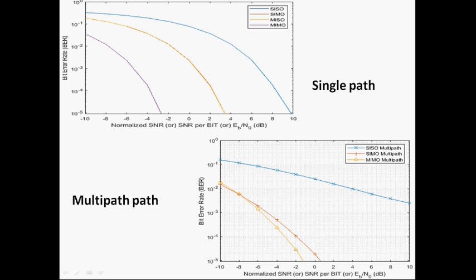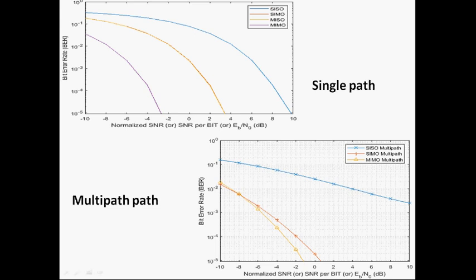Now whenever you compare the performance of single path system with the multiple path, here you can clearly observe single input, single output, the performance is very bad, but compared with the MIMO with the single path or multiple path, both are offering good performance.